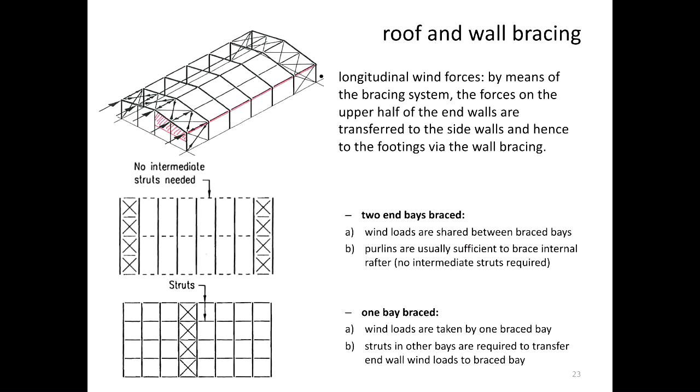As I explained yesterday, most of the time you will have different kinds of roof bracing. The most efficient roof bracing is to have two ends braced. You have a wind brace at the top. Wind brace and roof brace are the same thing. And then you have the wall bracing, which goes down to the ground.